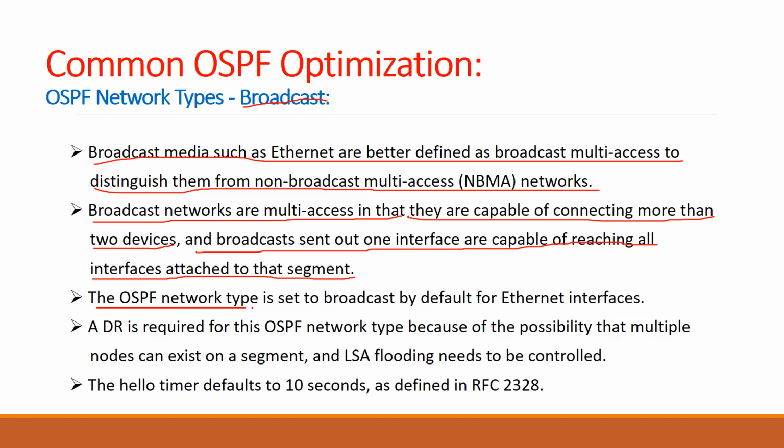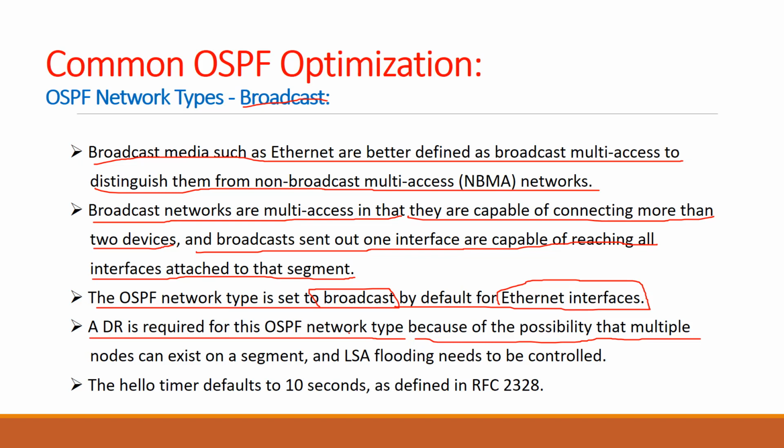The OSPF network type is set to broadcast by default for Ethernet interfaces. A DR is required for this OSPF network type because of the possibility that multiple nodes can exist on a segment, and link state advertisement flooding needs to be controlled.